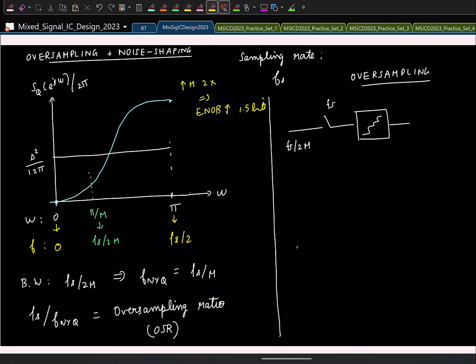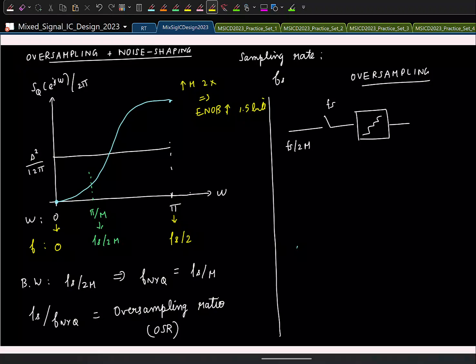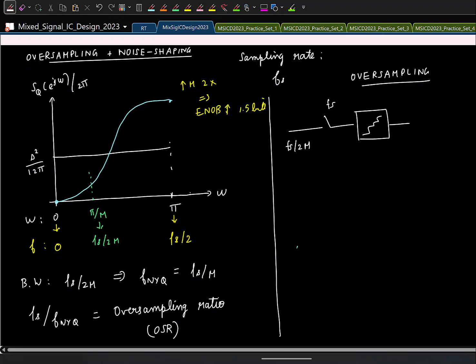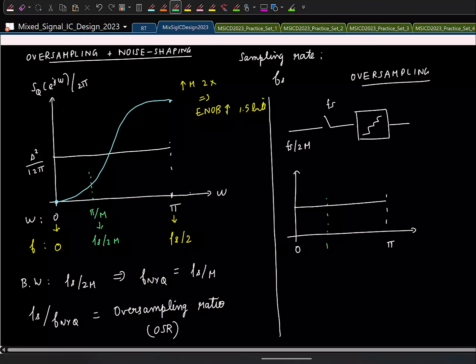Now the logical question to ask is, what if I do only oversampling, right? So let's look at that. Again, let me draw the spectrum. Quantization noise is white from 0 to pi. When I do oversampling, I am going to restrict my signal bandwidth. So the area of this is what?